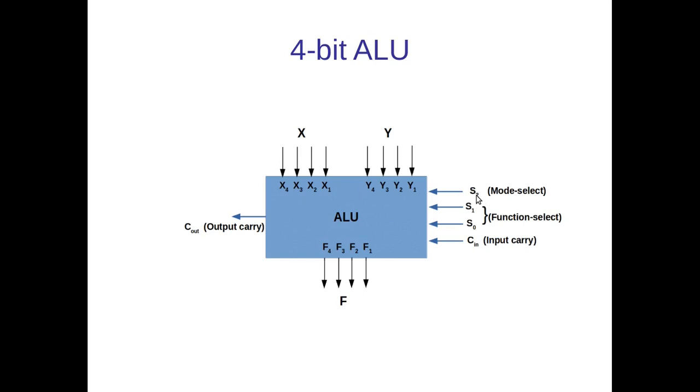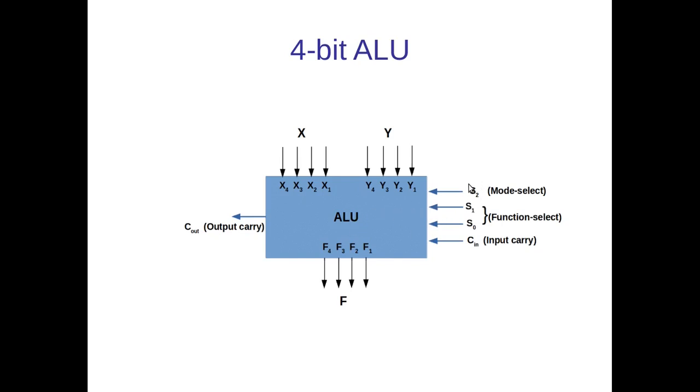If S2 is equal to 1, then logic operations will be selected, and S0, S1 will act as function select lines. That will select the logic operation from the set supported by our ALU. So here 2 lines are there.